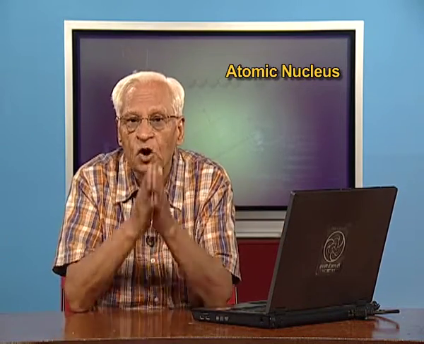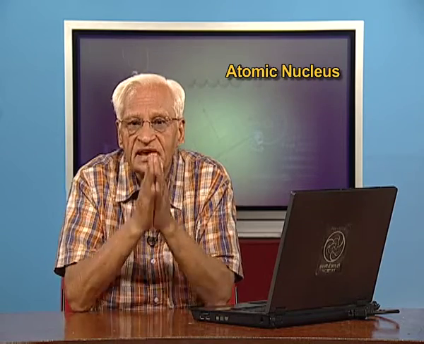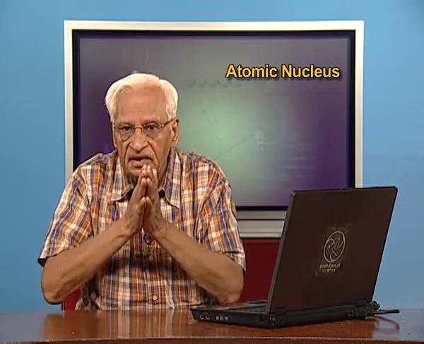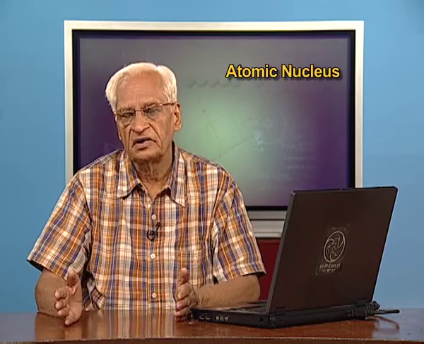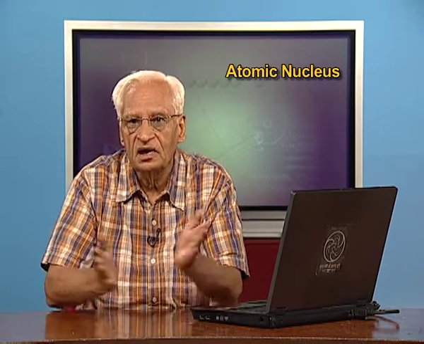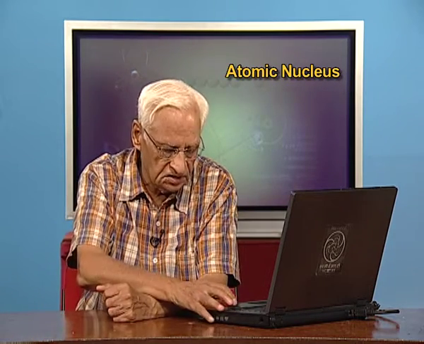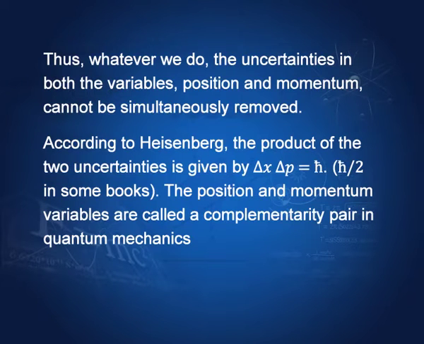That means it is not possible at the same time to know precisely the position and momentum of a particle. This is Heisenberg's principle of uncertainty. Thus, whatever we do, the uncertainties in both variables, position and momentum, cannot be simultaneously removed.